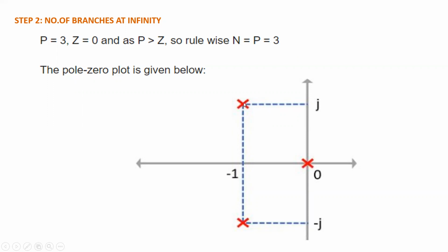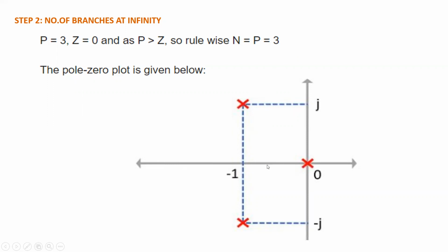They may be going to infinity in several directions. In the next steps, we'll see how the asymptotic angles look.